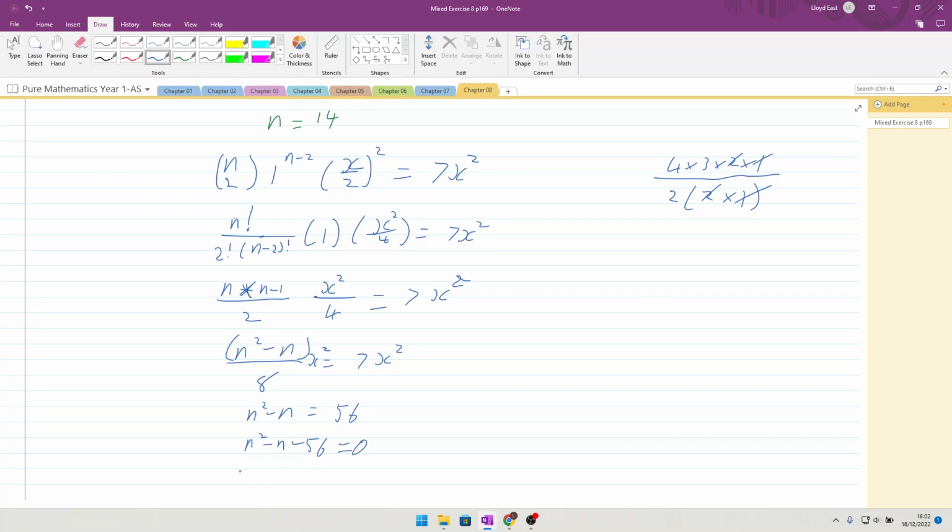And so, using a polynomial solver, we have 1, minus 1, minus 56.